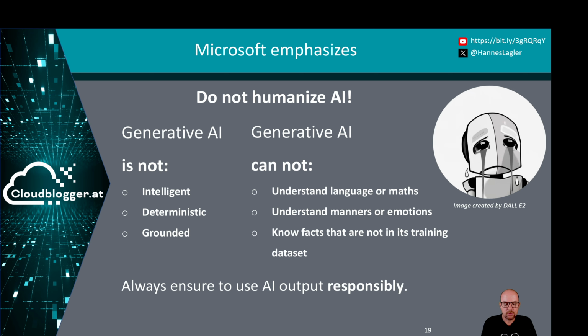This is really, really important. Do not humanize. It's an assistant, it's a co-pilot, it's not the pilot. And it's really important that you use Copilot for exactly what Copilot is built for. Not for more, use it for exactly these areas.